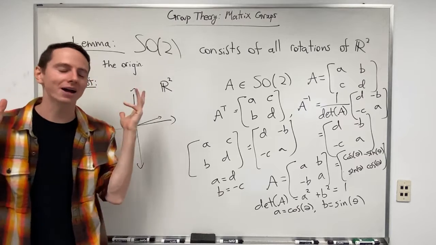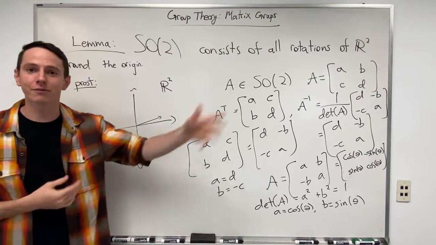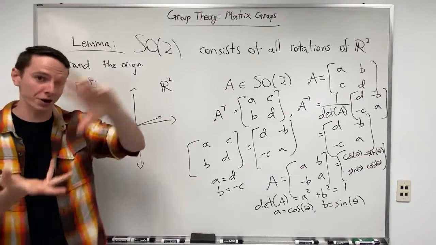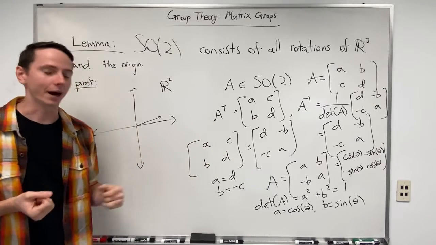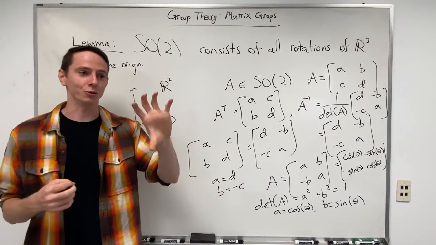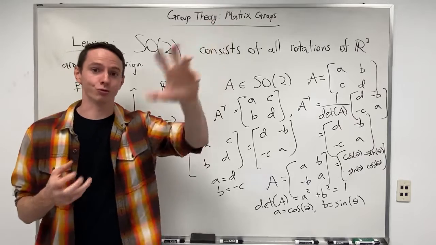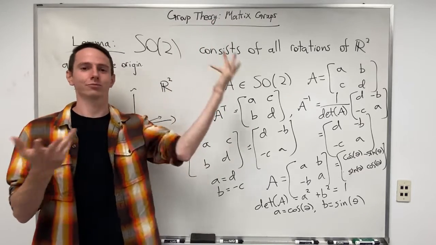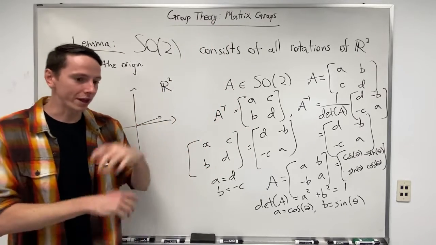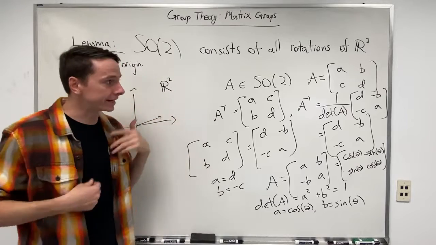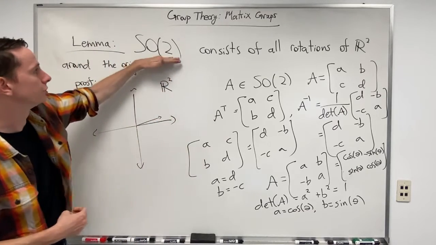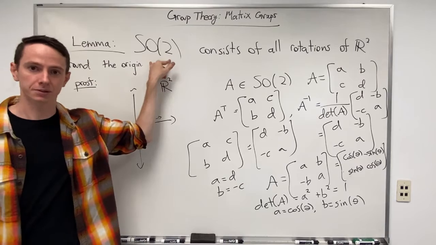So what this means is that if anything undergoes a rotation, I can only imagine the countless possibilities. There are obviously a bunch of them in physics. Whenever anything rotates in physics, I can also imagine in graphic design, if you want to imagine something rotating with whatever you're trying to create, the way that you can represent and encode that with a matrix, you simply have to look at the elements of SO2.